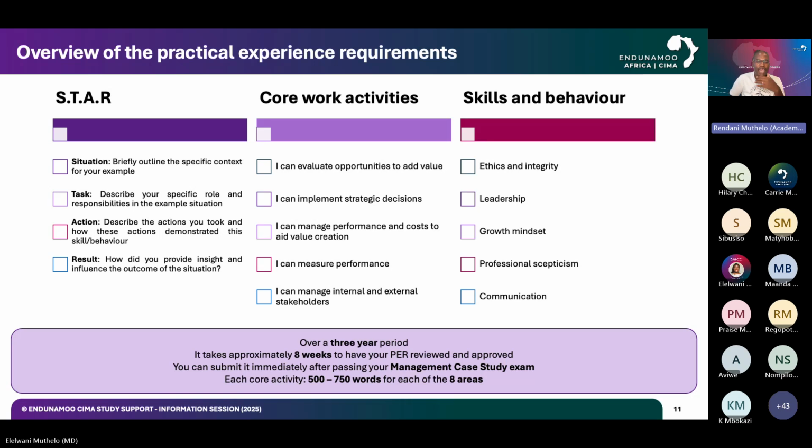The idea is that you compile these 8 core areas over your 3-year experience. And this experience is not confined in a contract. You might be saying that in role number 1, I was a bookkeeper. In role number 2, I moved and I was a financial accountant. Then they moved me to be a cost accountant. That doesn't matter.